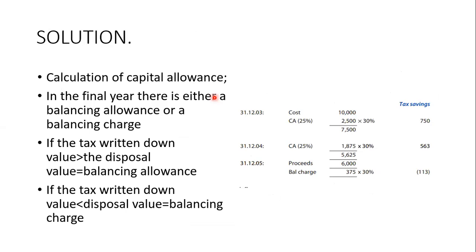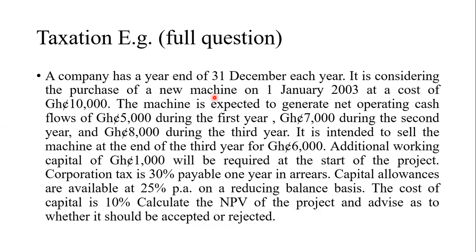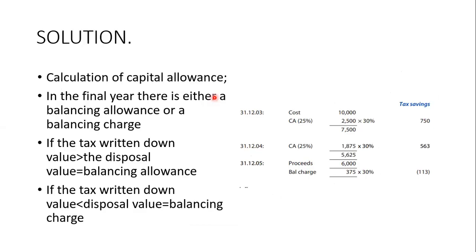So first of all, before you lay out your investment profile, you need to do some basic calculations regarding your capital allowances. And then if there were any other, we'll do that before we lay out our investment appraisal. So let's go and look at capital allowance.